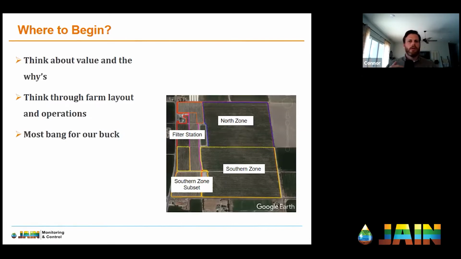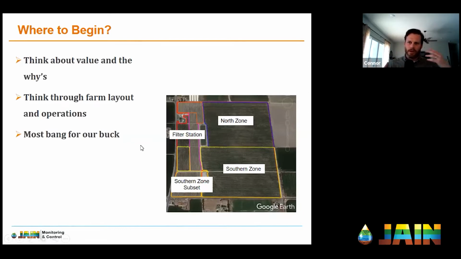We think about the various types of equipment that we would purchase and ensure that whatever tractor or piece of equipment we're buying is going to provide us the most value on the farm, with the most functionality. Because bottom line, the only reason that we should be adopting this technology is to save money, whether that's saving money on operation costs, cutting back on our inputs, or optimizing our yield. So we should think in the same frame of mind with this technology as we do purchasing any other type of equipment.